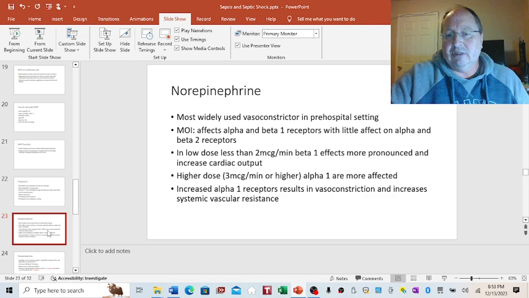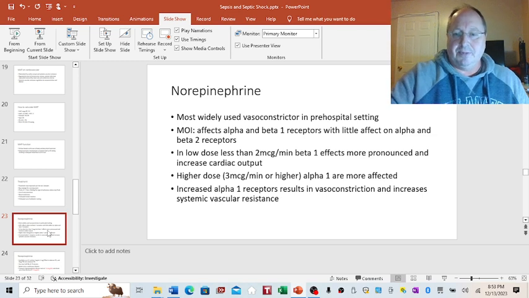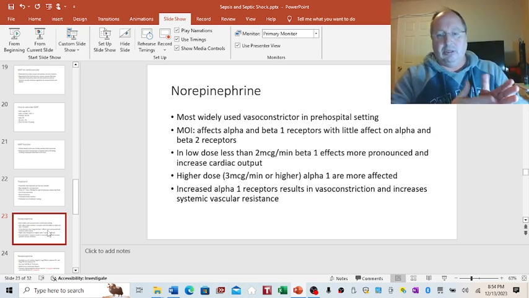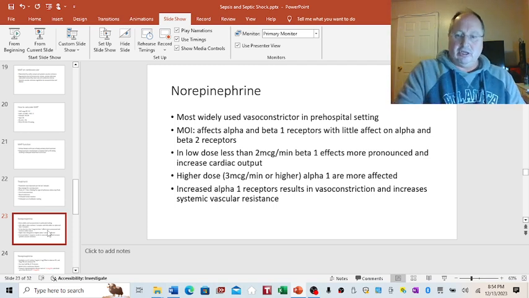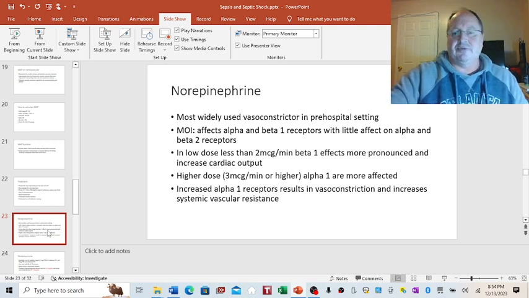Alpha 1 helps with vasoconstriction, which increases your systemic vascular resistance. So beta 1 helps your cardiac output. Alpha 1 helps with the constriction of the arteries and veins, which helps increase that systemic vascular resistance.